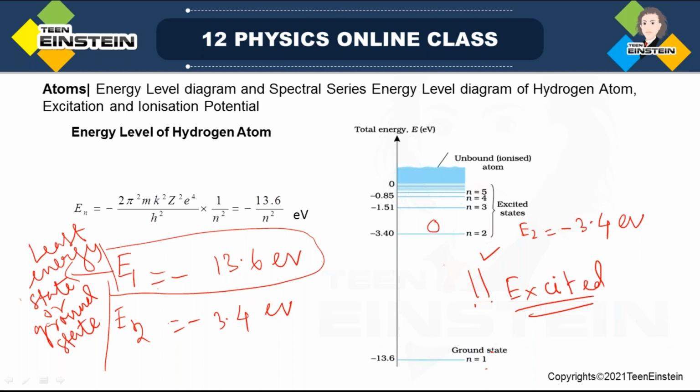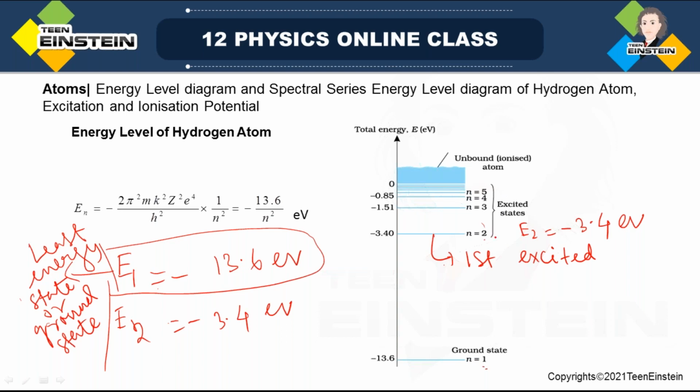When n is equal to 1 is the ground state, then n is equal to 2 is the excited state, and this is called the first excited state, because after the ground state this is the first energy level. That's why it is called the first excited state. n is equal to 3 is called the second excited state. Then n is equal to 4 will be the third excited state, etc.